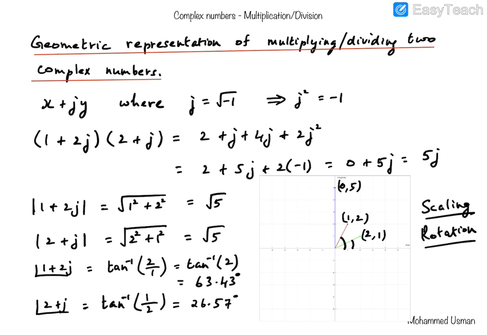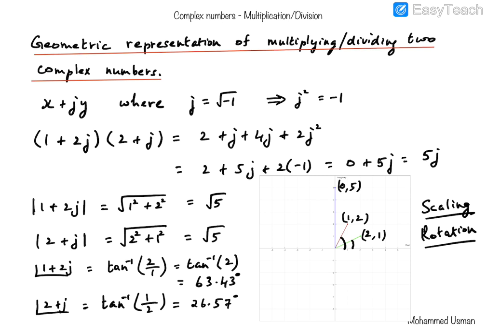So this is the first piece of information that we observe when we multiply two complex numbers, and that goes for dividing as well. The process of multiplication produces two changes in the complex number. One is its length gets scaled, and the second is that the complex number, or the vector denoting that complex number, gets rotated.